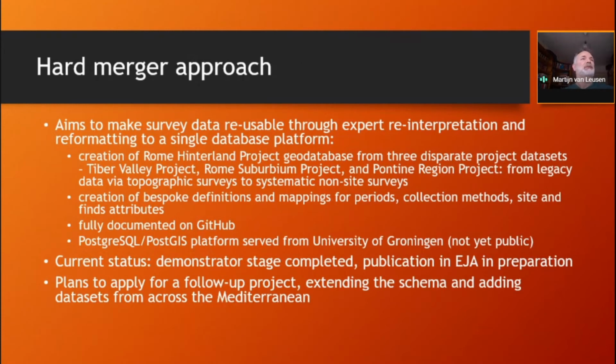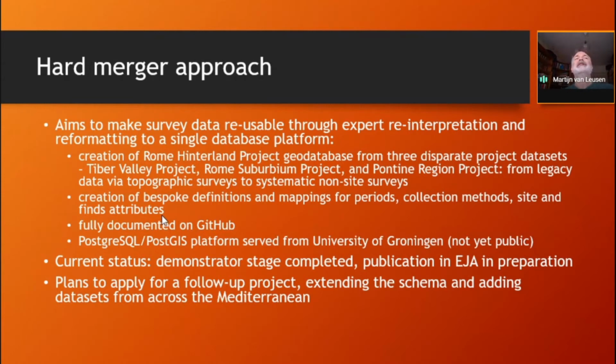Here's some detail about these approaches. I think most of this I already mentioned. So there's 3 different types of survey projects with very different ways of collecting data. And what we've been doing over the past year is, of course, creating a new database schema that is able to hold these 3 different data sets using a PostgreSQL PostGIS platform.